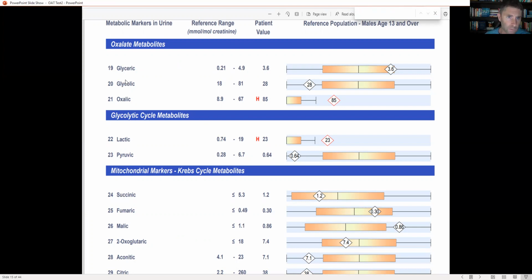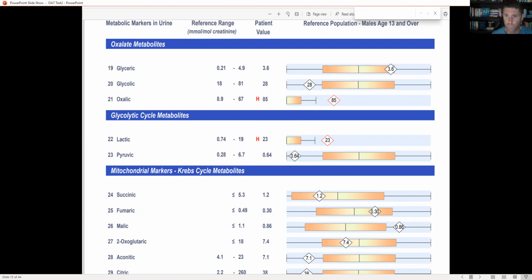And marker 19 and 20, glyceric and glycolic, if those are elevated, it's a sign that genetically you may have just a much greater propensity towards high oxalates. And so that could really give you a window into saying, okay, I need to really reduce oxalate foods and possibly for life, as opposed to if your oxalates are elevated, but the glyceric and glycolic are not elevated.